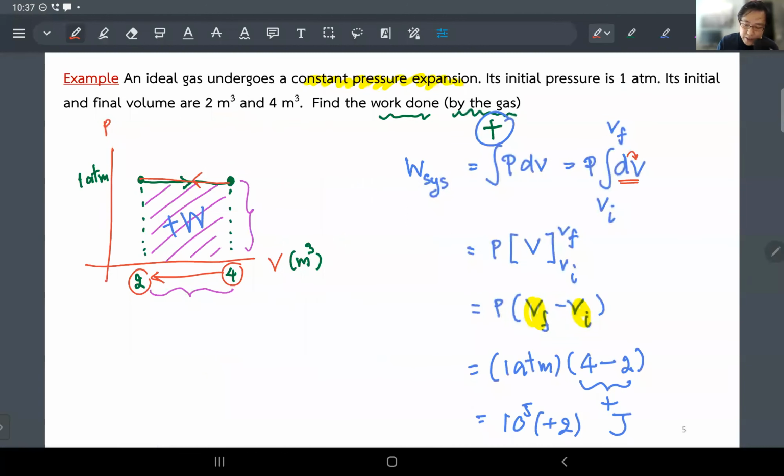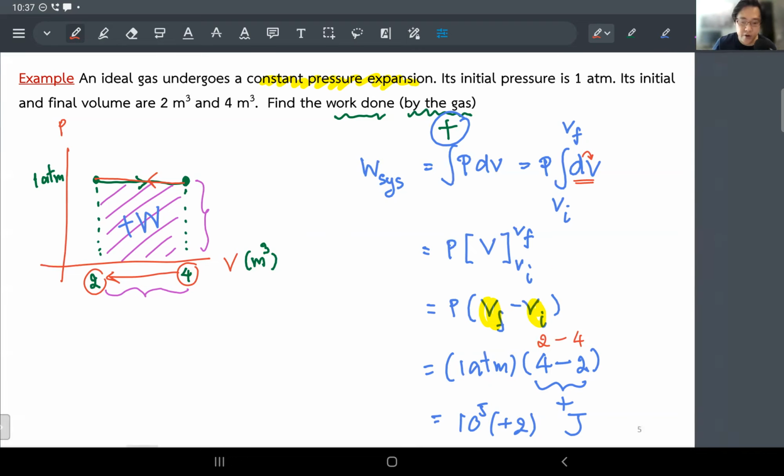Except now your calculation is going to be 2 minus 4 instead of 4 minus 2. That is going to be the compression of the gas, and now the work done by the gas is negative. So the work done can be positive or negative, depending on whether the gas expands or not. If the gas expands, you get positive work done by the gas. If the gas gets compressed, you get negative work done by the gas. Or it could be 0 if there's no volume change whatsoever, so the gas doesn't do anything.